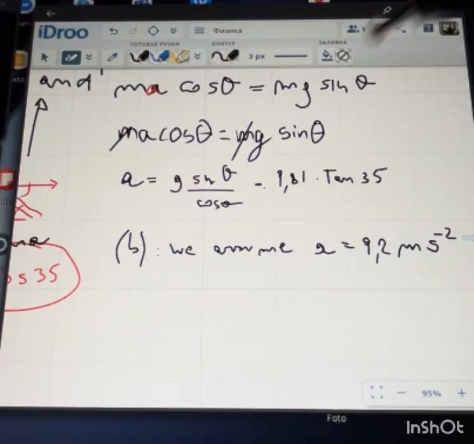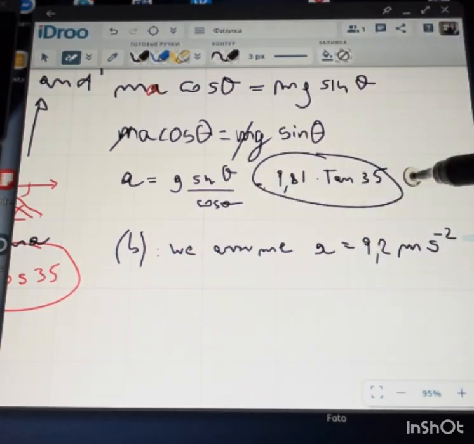First, calculate this one. 9.81, I don't get where the 81 came from. I get 9.8. Okay, use 9.8, it doesn't matter. So negative 9.8 times tan 35, so negative 6.86.